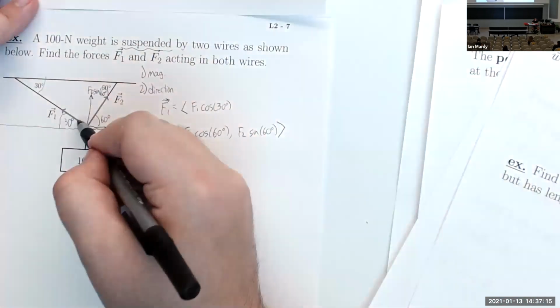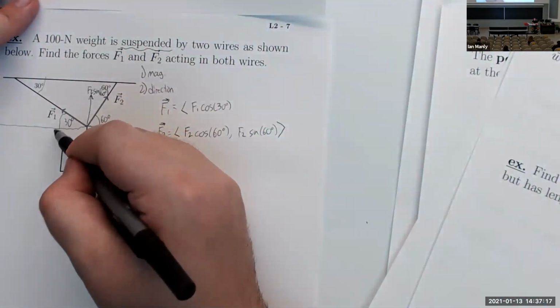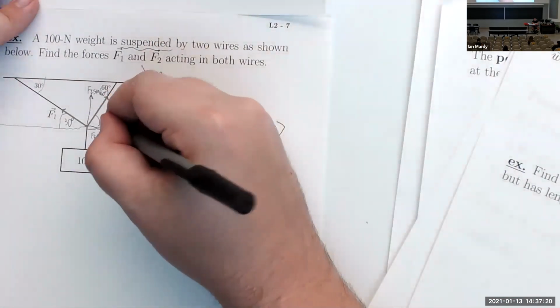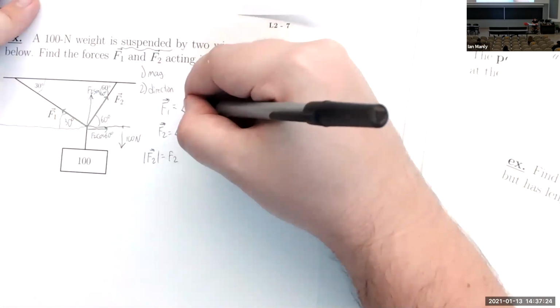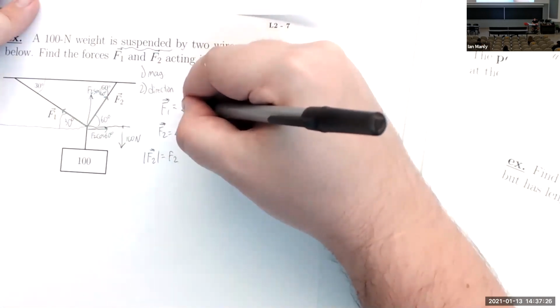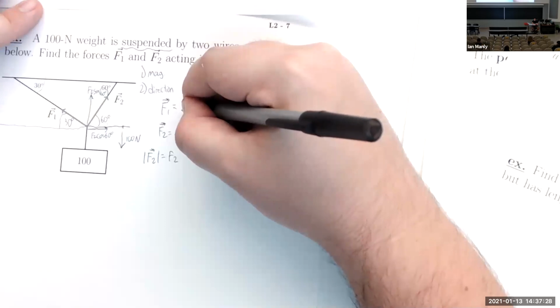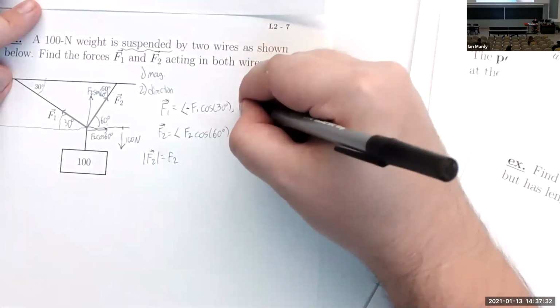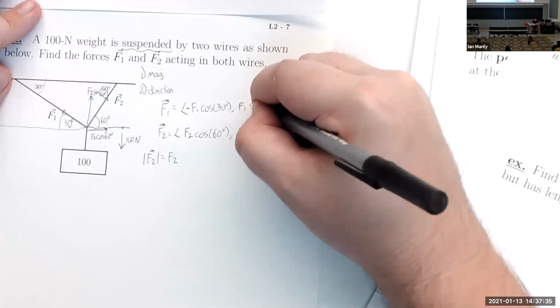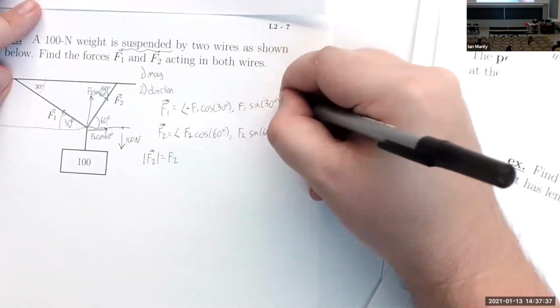But actually, since this angle is opening up in the wrong way, usually angles open up like this, but this is opening up on the wrong end of the x-axis, that's actually going to have a negative right here. All right, and then the vertical component will be F1 sine of 30 degrees.